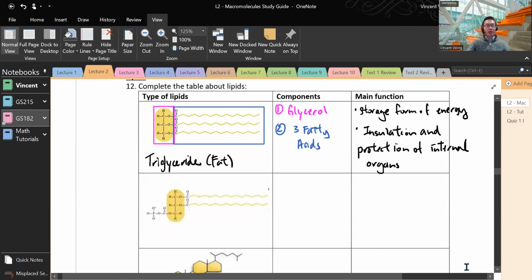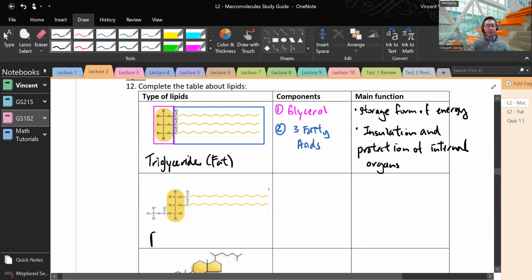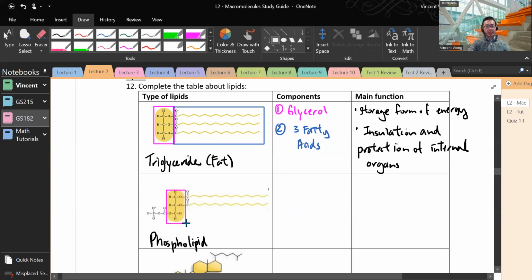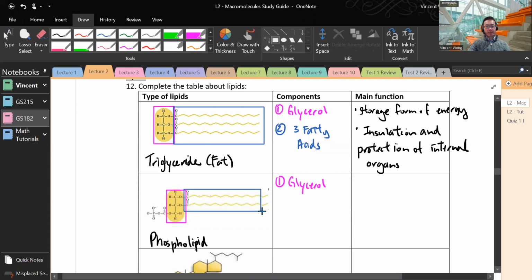That's a triglyceride. Over here, we have a second one. This one is a phospholipid. Phospholipid, we have the glycerol again. We have some fatty acids, two fatty acids.